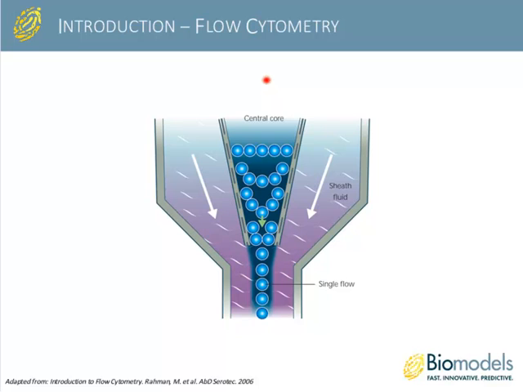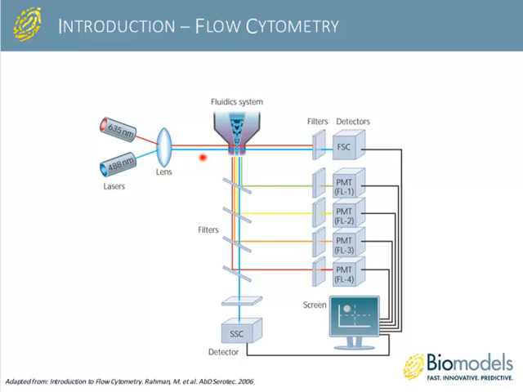Take your single-cell suspension, and it's taken up by the machine, and through a series of extremely well-engineered and complex fluidic systems, that stream of single cells is funneled down into this single laminar flow, and then that passes in front of lasers. Depending on the machine that you're working with, you can have one or more lasers.